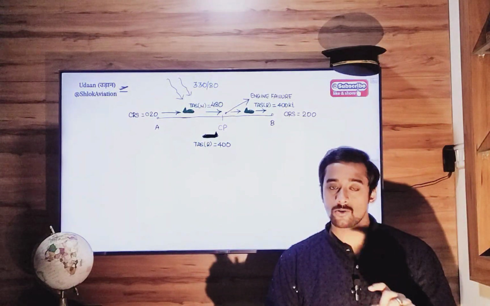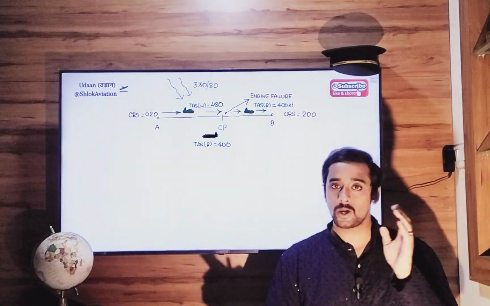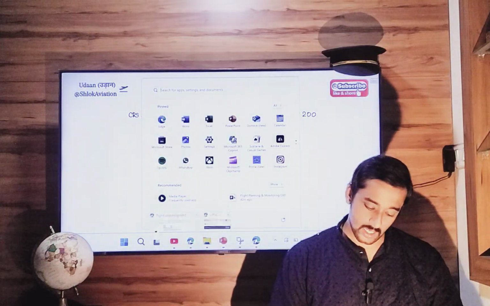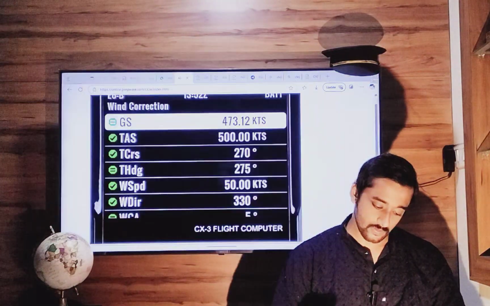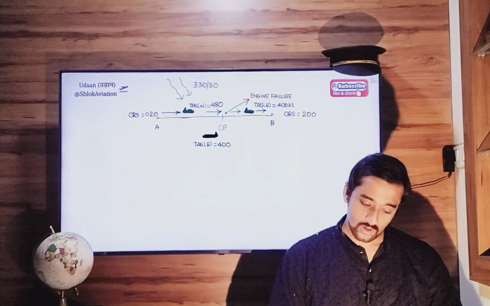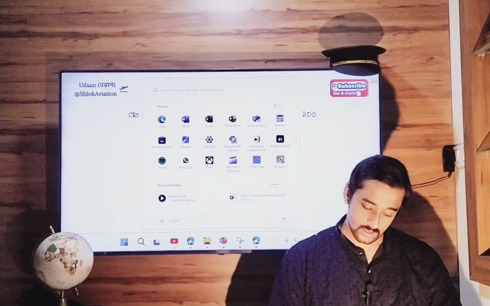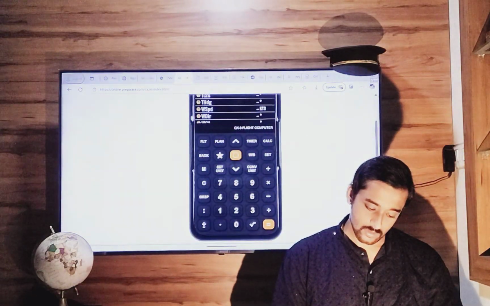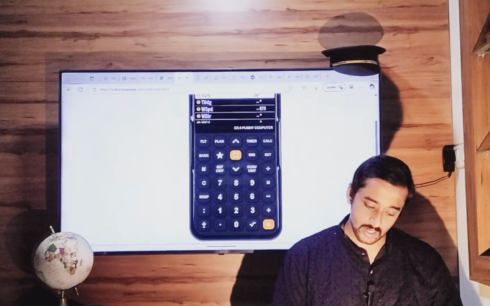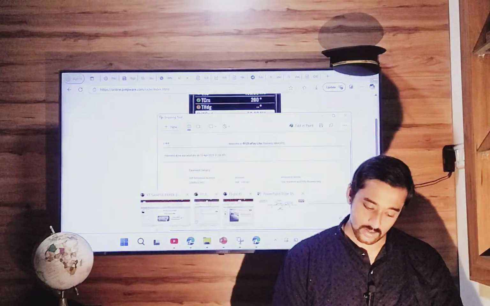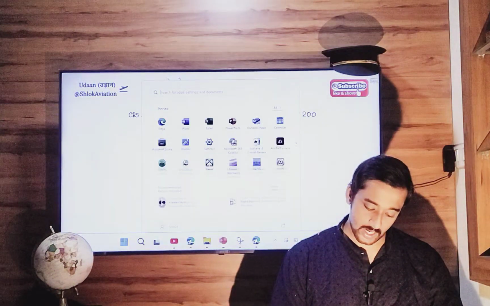Now we have to find ground speed outbound from the critical point to your destination, and ground speed homebound. So let's use CX3. Outbound TAS is 400 knots, course is 200, winds are 330 at 80.